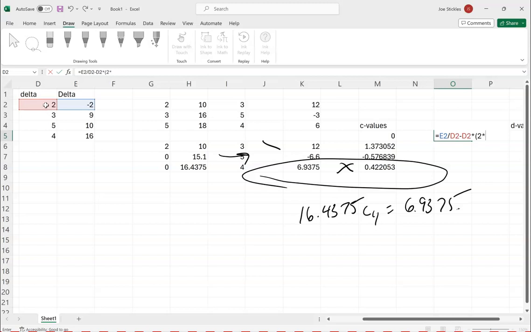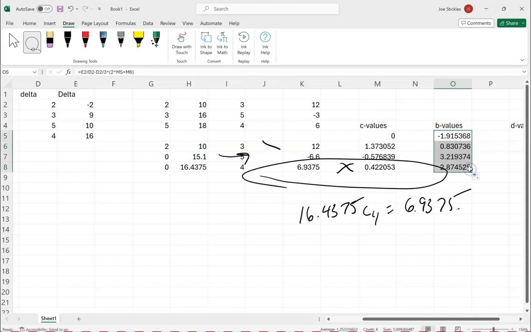So 2 times this C plus that C. What's that? Did I forget to divide by 3? Oh, thank you. There we go. That better? All right. And then we should be able to just copy this down and get those values.